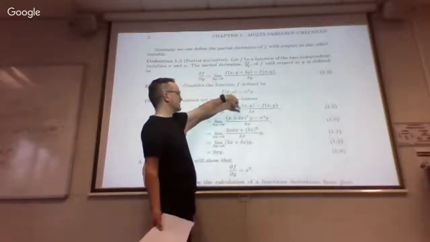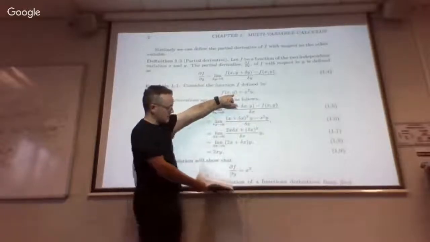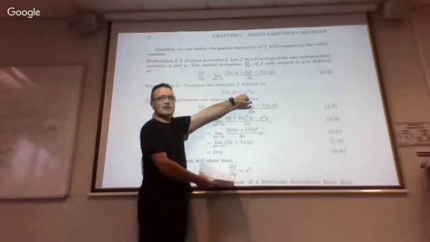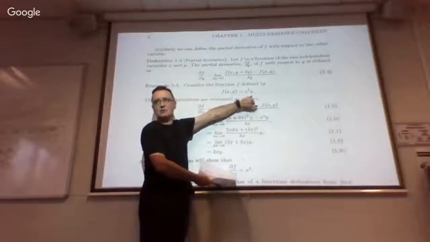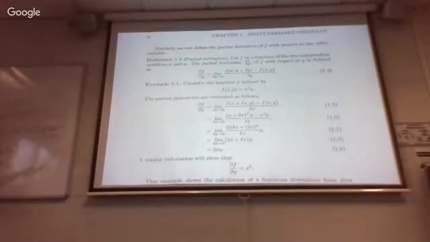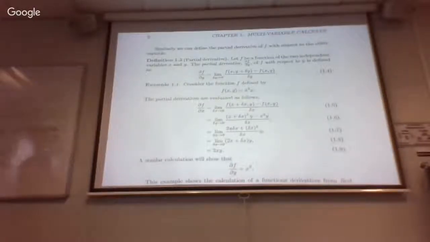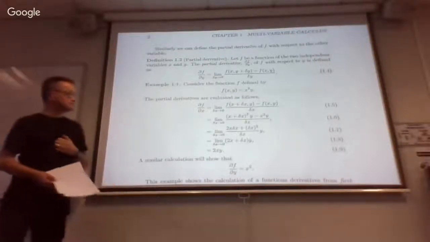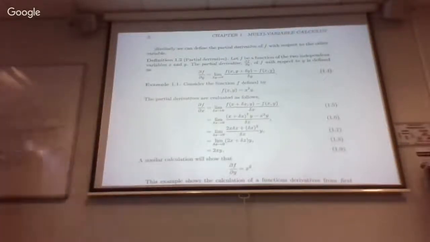Because we're differentiating with respect to y, we're ignoring the x, and all we see is something times y. And we're familiar already in the one variable case that the derivative of, say, 5 times y with respect to y would just be 5. The derivative of a fixed number multiplied by y, with respect to y, would just be whatever the fixed number is. That's exactly what we're seeing there.